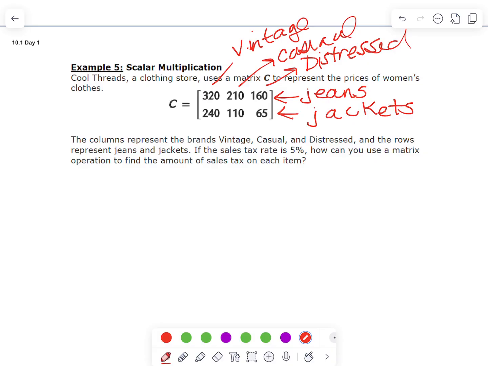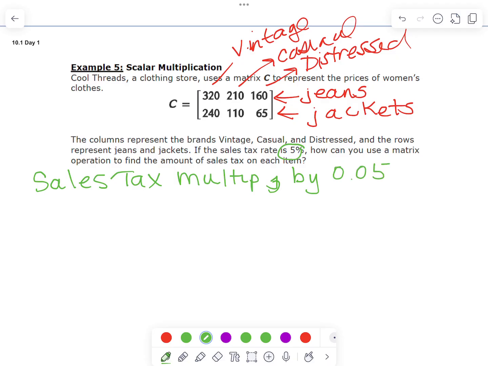And what we're going to do is add sales tax. So we're going to be increasing the price of all of those clothing items. So we have to multiply each element by 5%. You can figure out what our sales tax is. So that's going to be our scalar multiple.